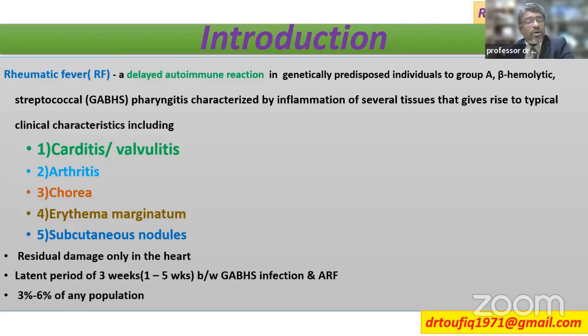There is a long latent period of 1 to 3 weeks, so it is called a delayed autoimmune reaction, usually occurring 1 to 5 weeks after group A hemolytic streptococcus infection, causing acute rheumatic fever. About 3 to 6% of any population may have rheumatic fever involvement.